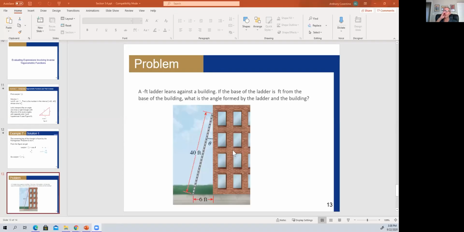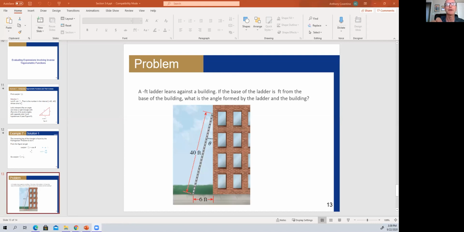Here's a fun little semi-real world application where you have this ladder. The ladder is 40 feet, and we have the ladder 6 feet away from the building. The question is, what is the angle that the ladder makes between the top of the ladder and where it hits the building on the top?